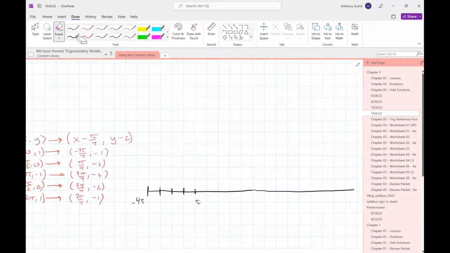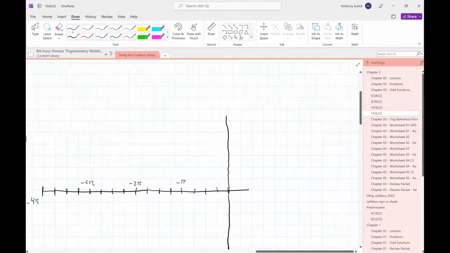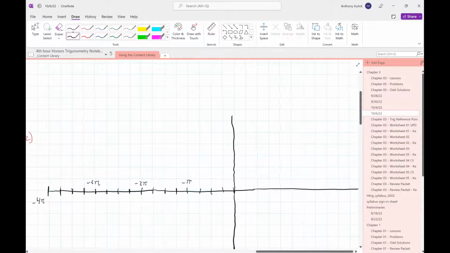I'm going to write them above so they're out of the way. Negative 2 pi. Negative pi. And then that would be like the y-axis. Do the same thing over here.